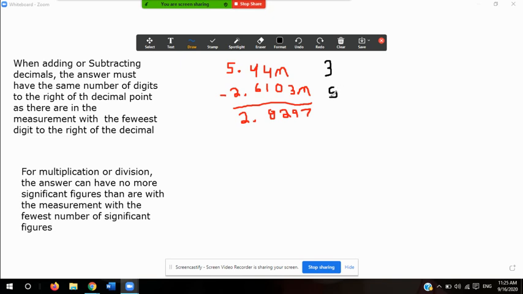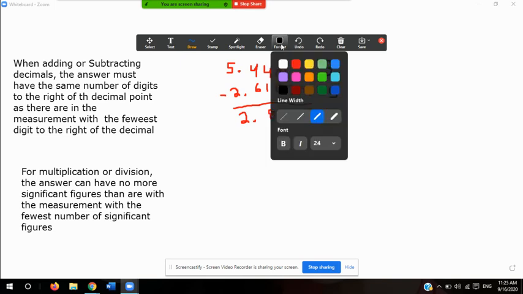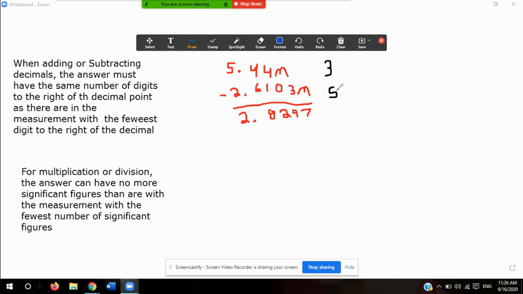That's why I chose to write them in different colors, just to emphasize the number of significant figures that I have. So if I have 3 significant figures here and 5 significant figures here, my answer is supposed to have 3, because it's supposed to have the same amount of significant figures as the measurement with the lowest amount. So I know 2 is part of my answer.